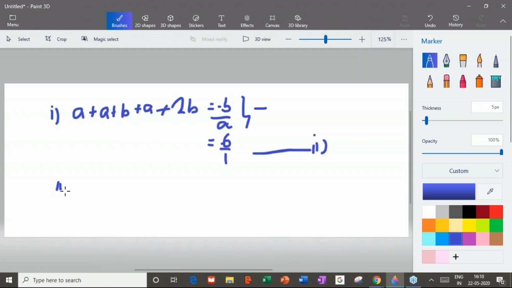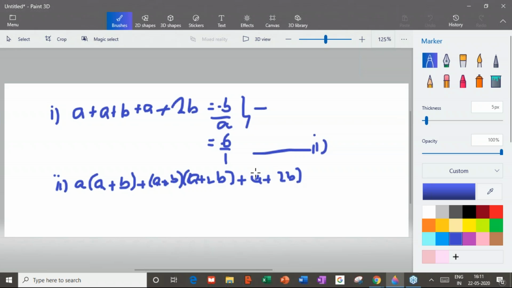And the second property you use is this: a into a plus b, plus a plus b into a plus 2b, plus a plus 2b into a is equal to c by a. Correct? Substitute the value of c by a. What is the value of c by a? It is 3 by 1, which is 3.